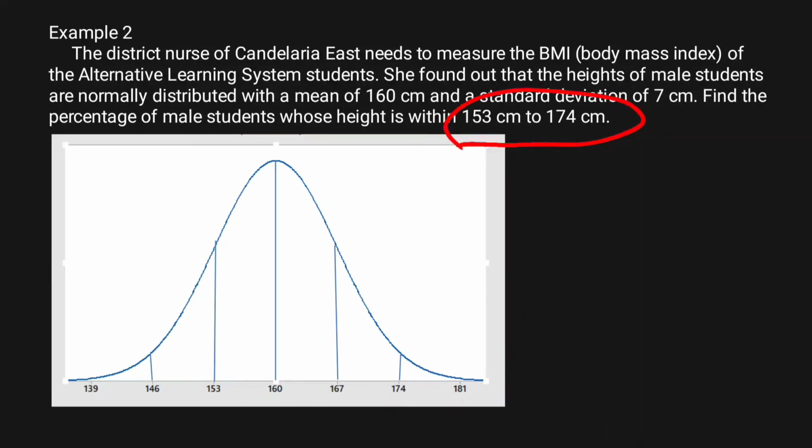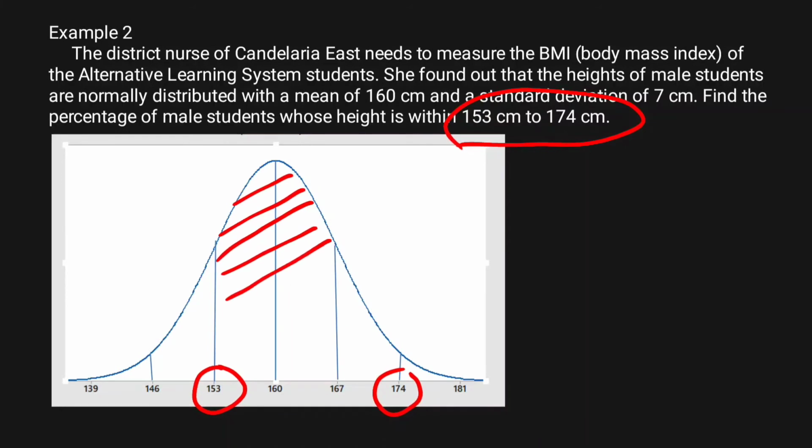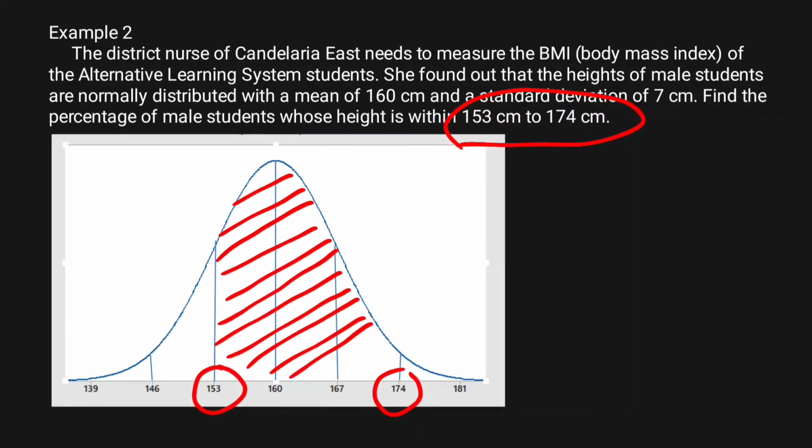Ayan. So ito yung 153 and then 174 cm. So kunin natin yung mga percentage, yung mga nasa gitna niya. So highlight, ito yung part na kinukuha natin na percentage. Ayan, simula sa 153 hanggang 174. Okay, so yung area na yan na kailangan nating hanapin.